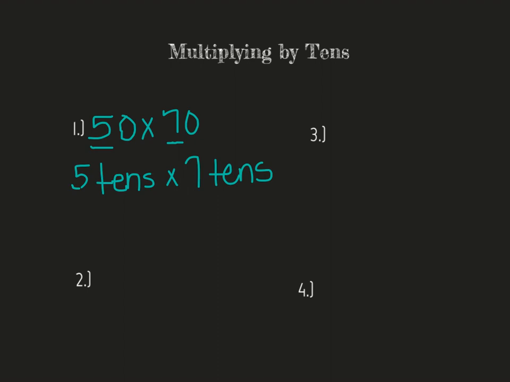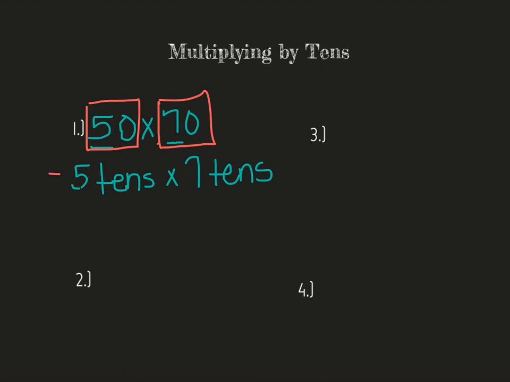My next step is, how many hundreds do I have? The reason is that what I am multiplying is 50 times 70. It's not just 5 times 7, but I broke it apart so that I could see how many tens I have, and that's easier for me to look at.